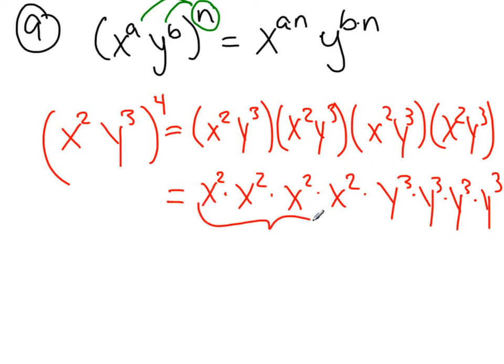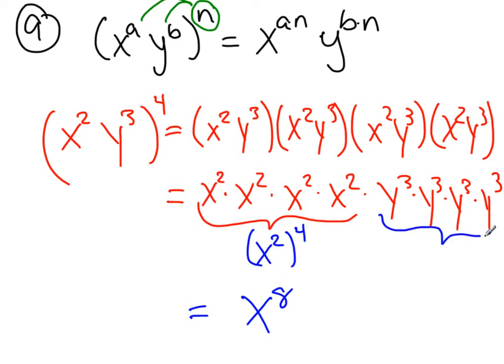Now let's see. I have 4 of these x squareds, which, if you were crazy enough, you could think of as x squared raised to the 4th. You could just add all the exponents, or you can do 2 times 4. Either way you do it, you end up with x to the 8th. 2 plus 2 is 4, plus 2 is 6, plus another 2 is 8, or 2 times 4 is 8. Whatever way you want to think about it. Same deal with the y cubes.